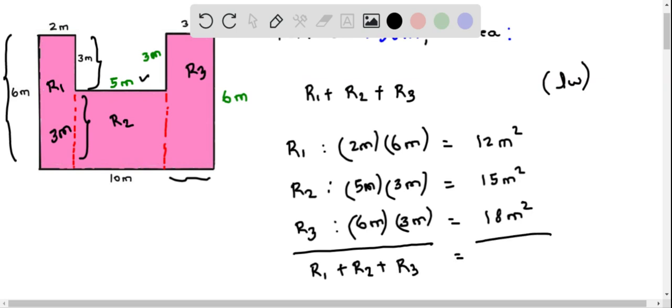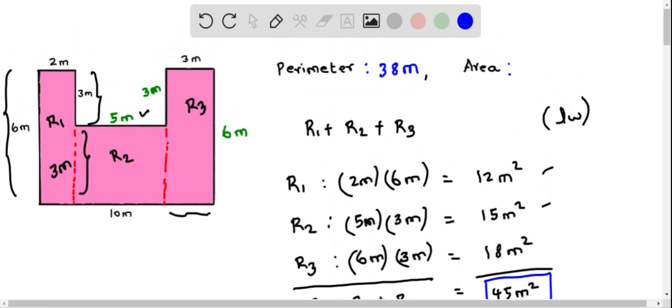And this equals 12 plus 15 is 27, and 27 plus 18 is 45 meters square. So therefore, the area of this non-standard shape is 45 meters square. You can write down here: area is 45 meters square.